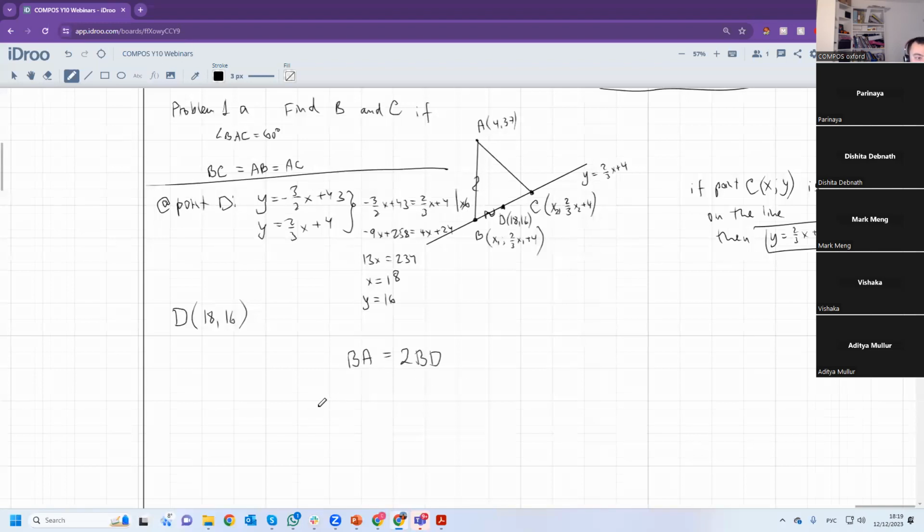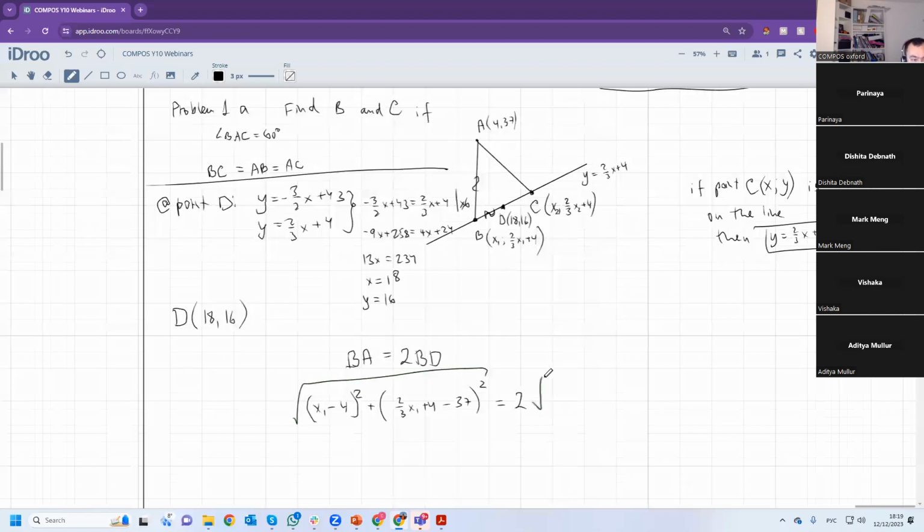So to find BA, we use the distance formula. So it's going to be x1 minus 4 squared plus 2/3 x1 plus 4 minus 37 squared equals 2. So that's square root of that.